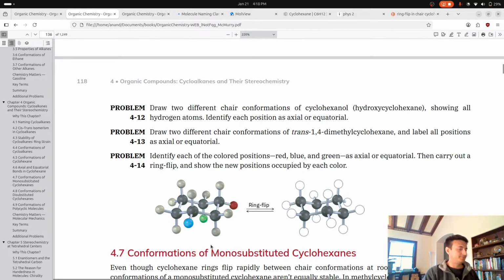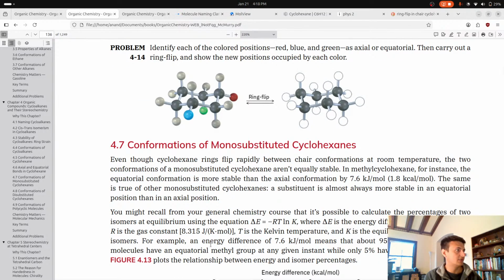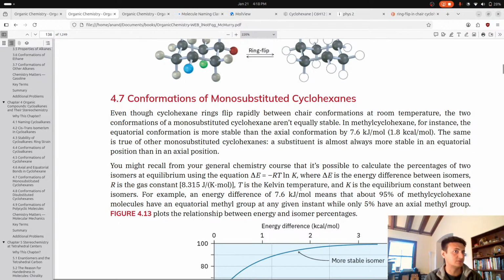All right. Conformations of monosubstituted cyclohexanes. Even though cyclohexane rings flip rapidly between chair conformations at room temperature, the two conformations of a monosubstituted cyclohexane aren't equally stable. In methyl cyclohexane, for instance, the equatorial conformation is more stable than the axial by about 8 kilojoules a mole.